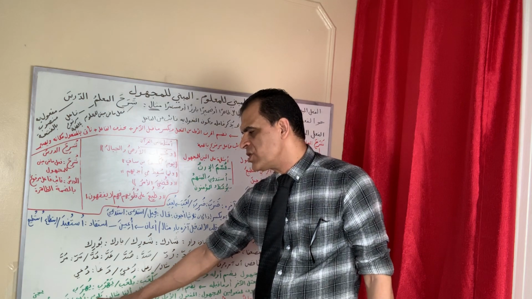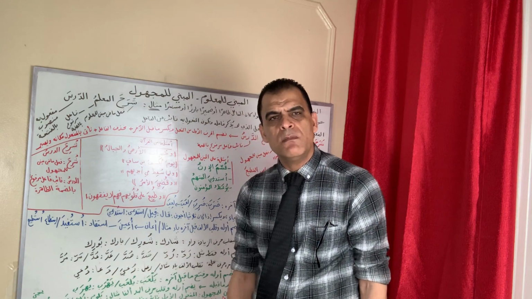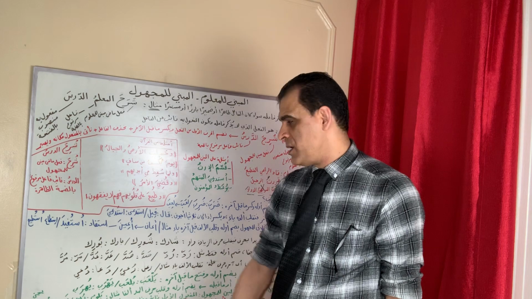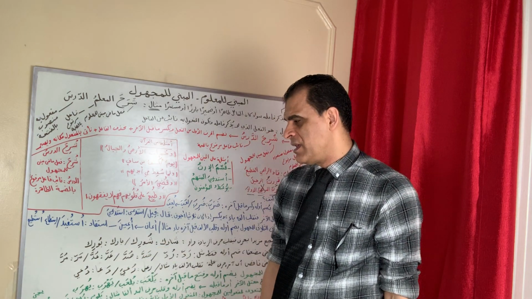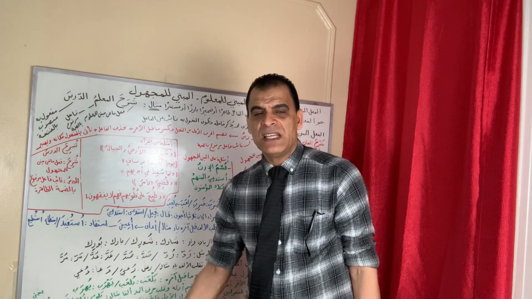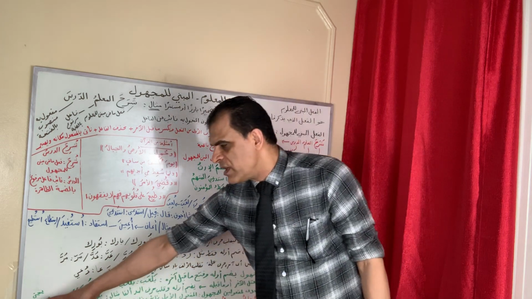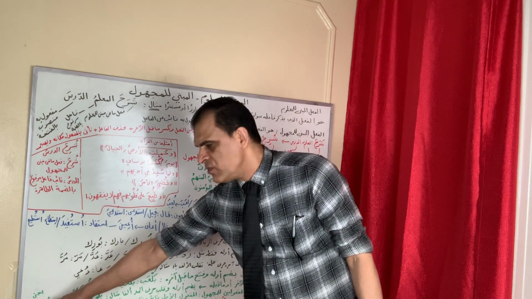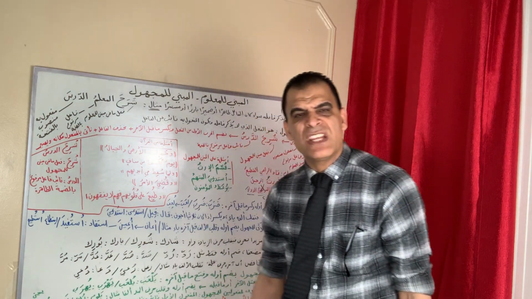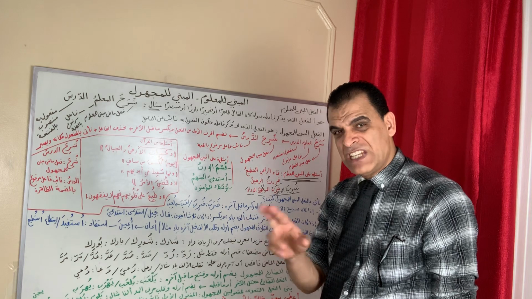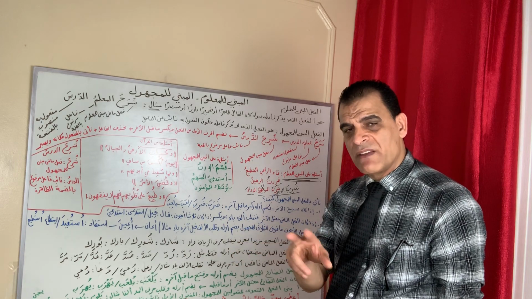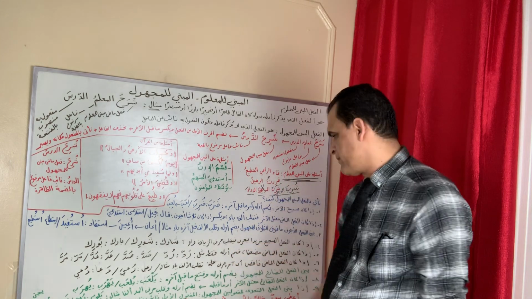Then we switch الواو to الألف. يلوم, يُلام. يبيع, يُباع. يجني, يُجنى. Also if we have ياء or ألف at the end, we make it ألف. يجني, يجنى.